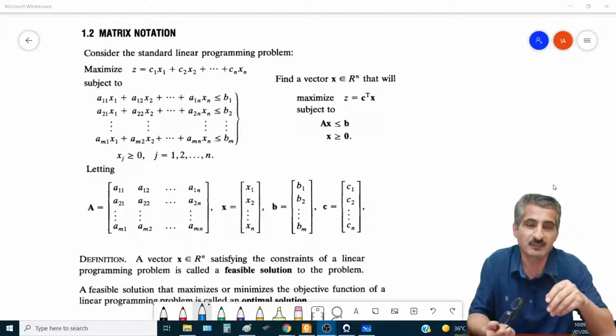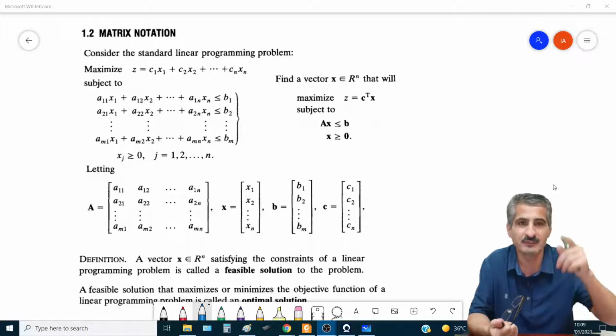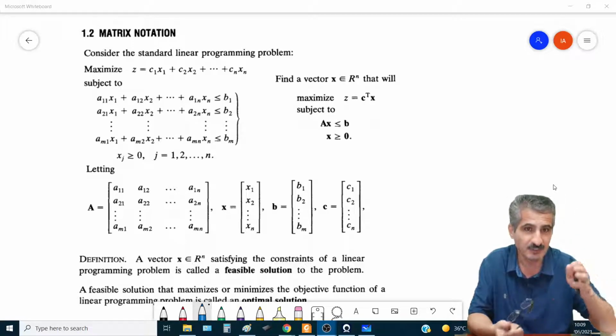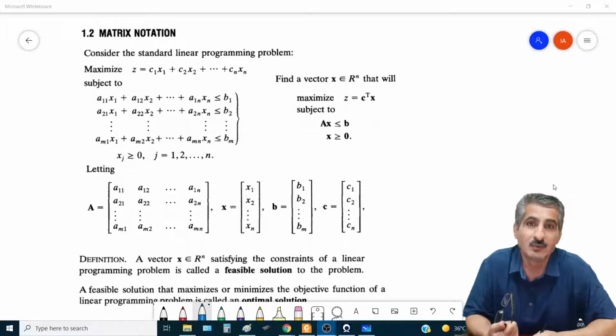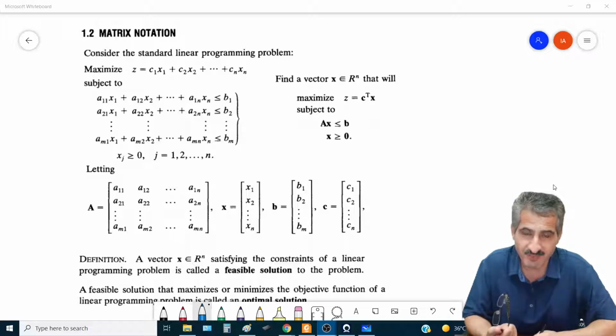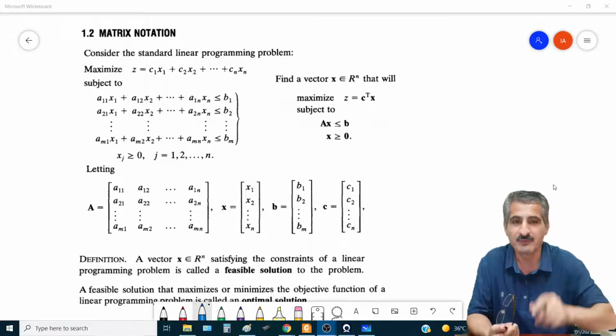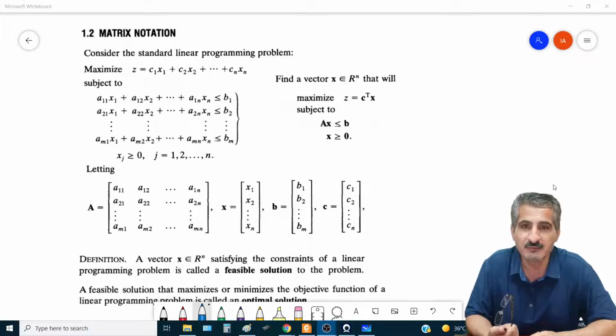But if the constraints contain only less than or equal, then the linear programming problem is said to be in standard form. And if the constraints on the variables are all equalities, not inequalities, then the linear programming problem is said to be in canonical form, and we will use that.